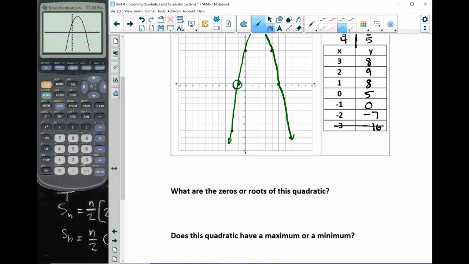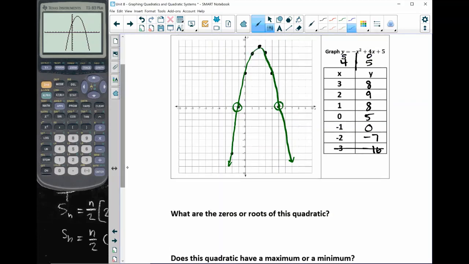What are the zeros or the roots of this quadratic? Well, remember, I said that we already have a root right here, and you can see we have a root here. And also remember that I know my roots by when y equals 0. And you can see that y equals 0 here, and y equals 0 here. So that means that 5 is a root, and -1 is a root.